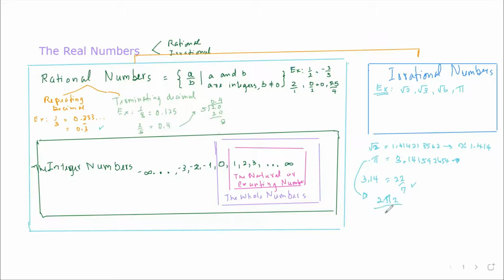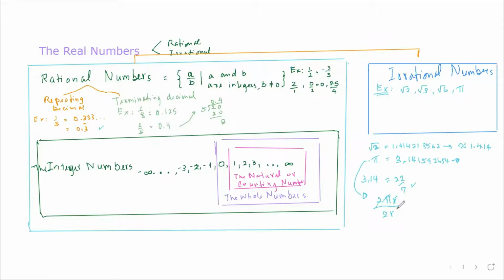The diameter is what? It's 2r, sorry. The circumference formula is 2 pi r, right? The ratio is to the diameter, which is 2r.